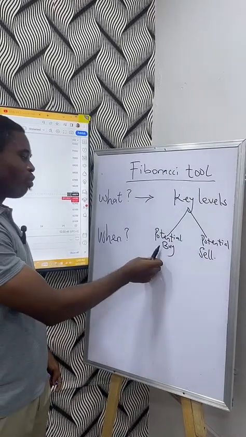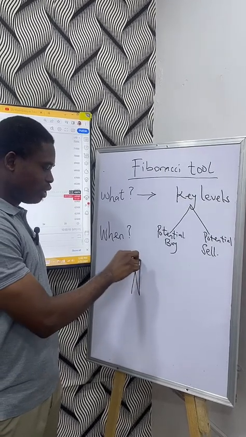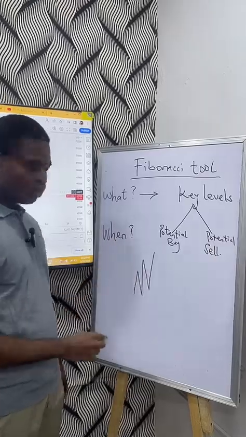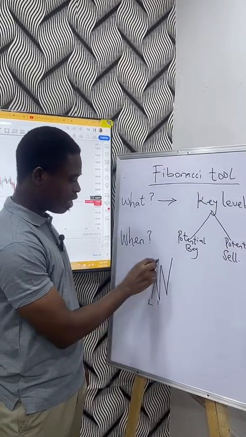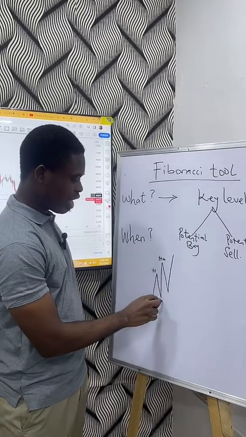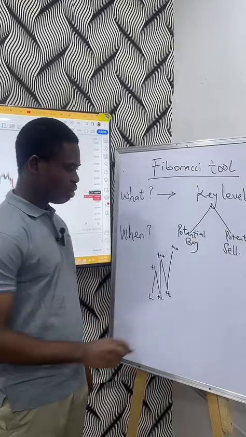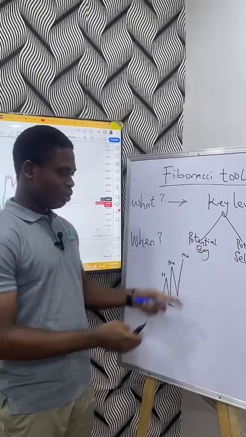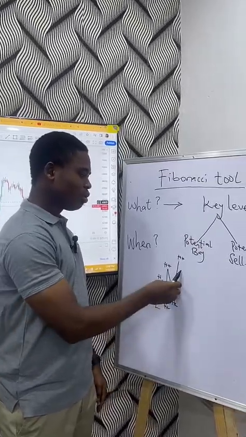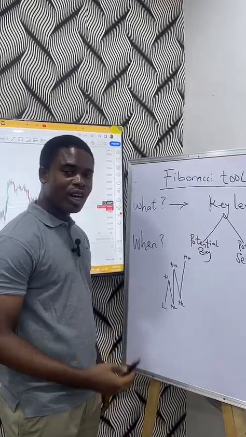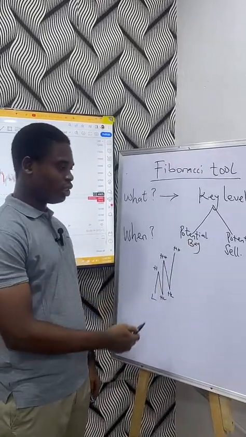So, for example, if you have an uptrend, which consists of higher highs and higher lows, we are expecting to enter a buy. So how do we enter the buying opportunity? That's when the Fibonacci tool is used.